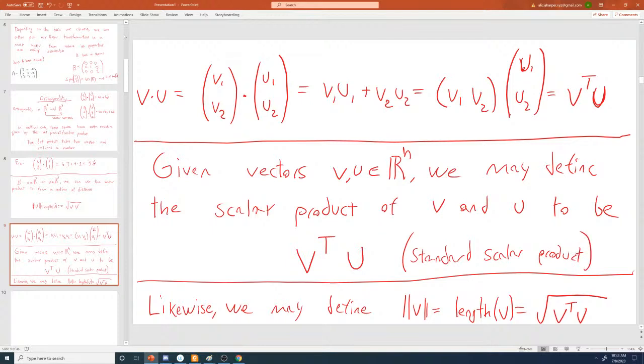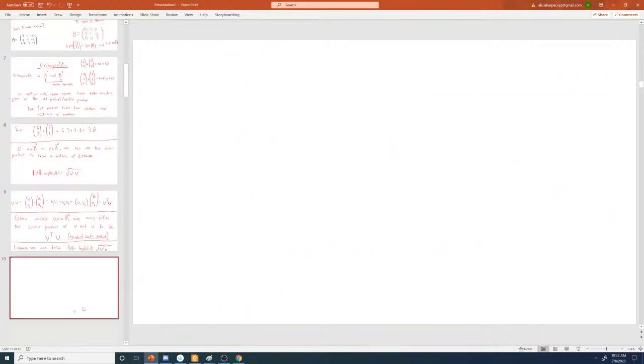There are other scalar products with different properties, but for the purposes of what we're going to do today and the next two classes, it suffices to work with the standard scalar product. So before I move on and talk about this general standard scalar product, I just want to review a few more ideas that come up in multivariable calculus.